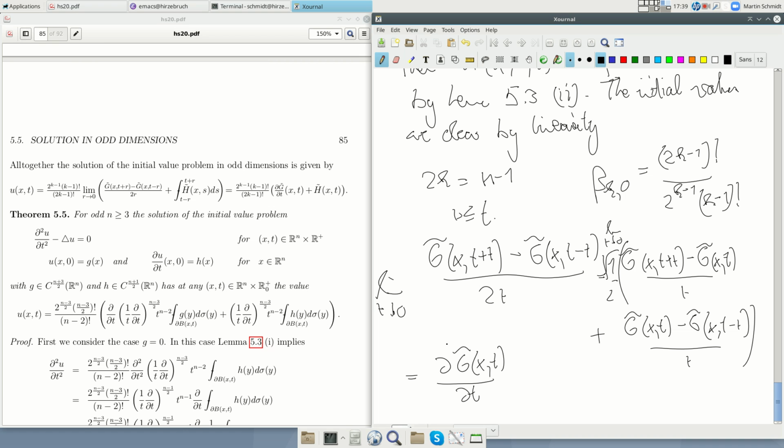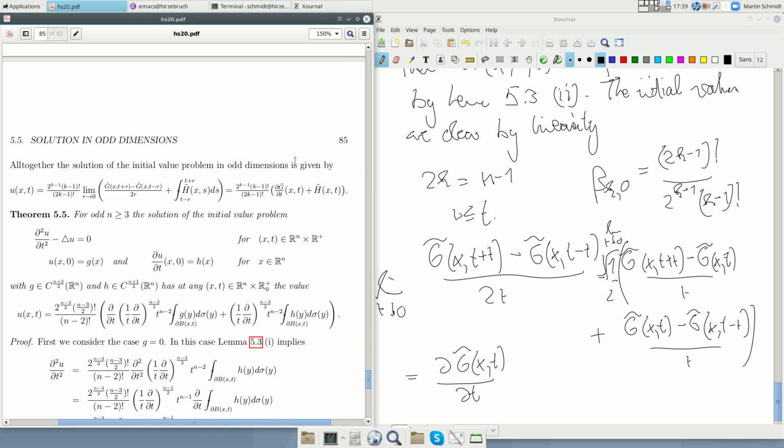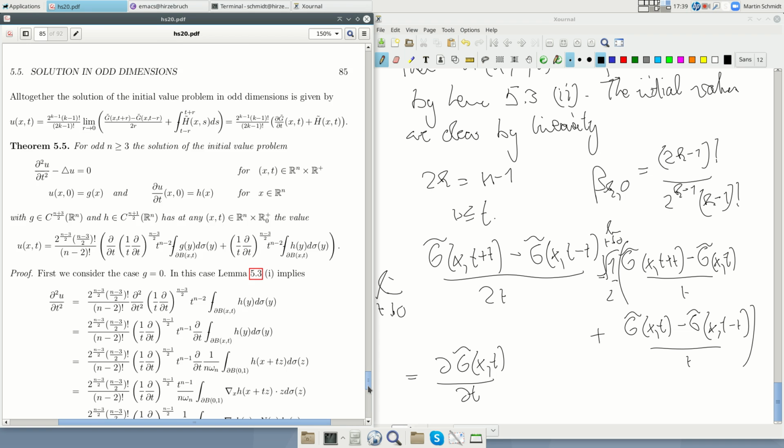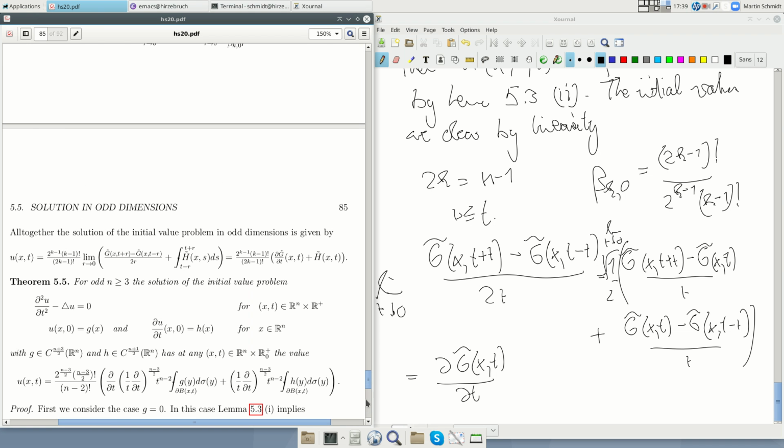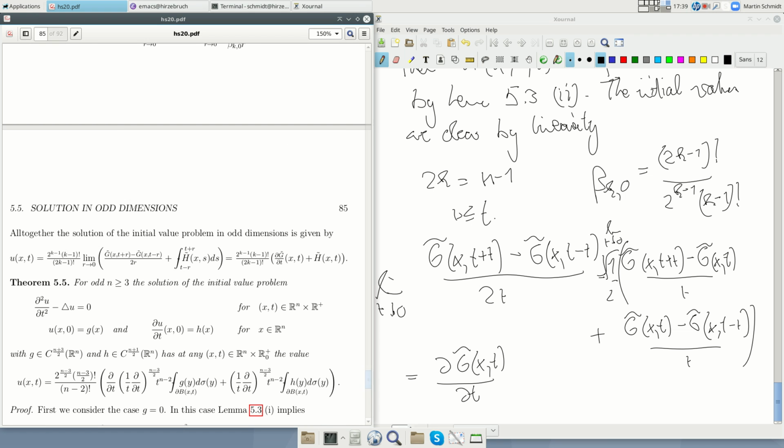And then we have this. So we have now a complete formula. Okay, so now we can state our main theorem, which claims how the solution looks like.